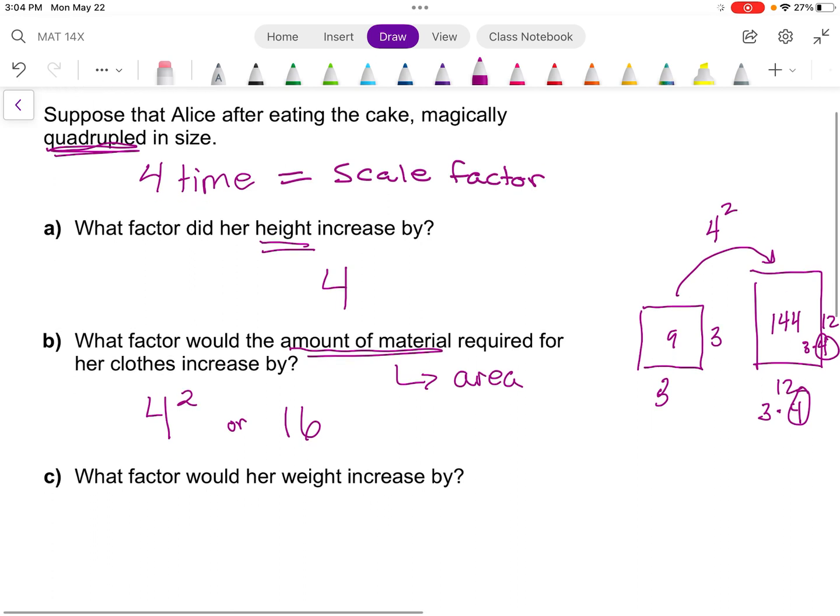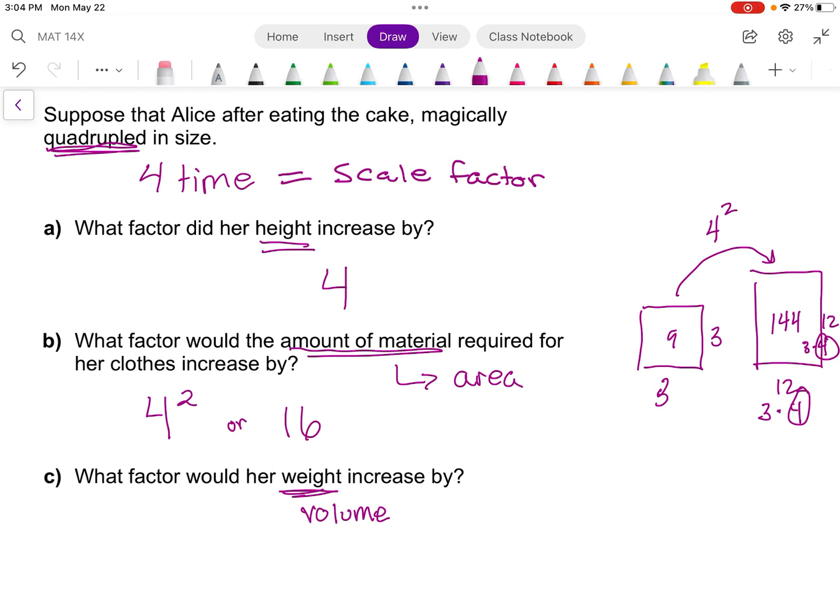All right, the final one we're going to look at in our scaling laws deals with volume. So we're talking about weight here, and weight, yes, is technically a volume measure. Volume now adds a third dimension. If we're looking at cubes, we have length times width times height.